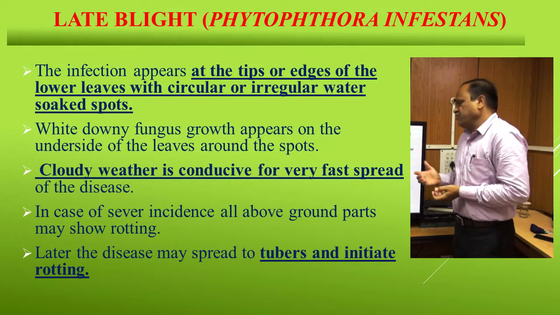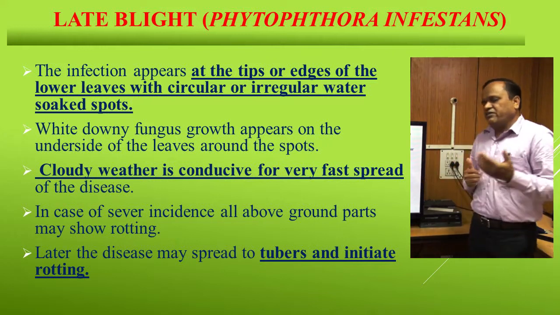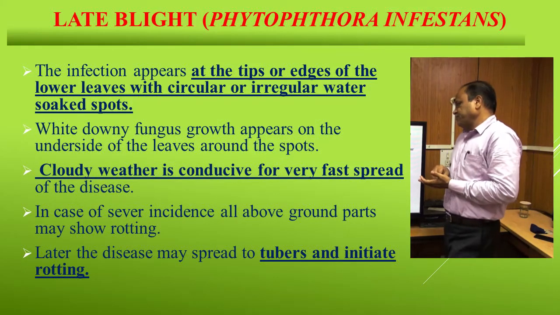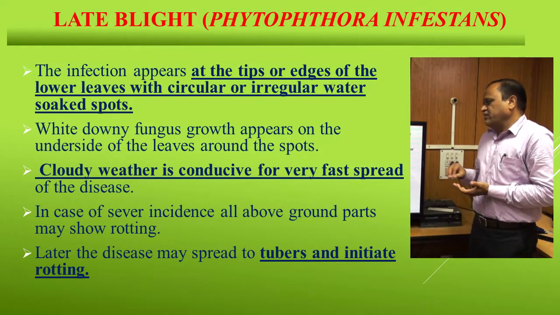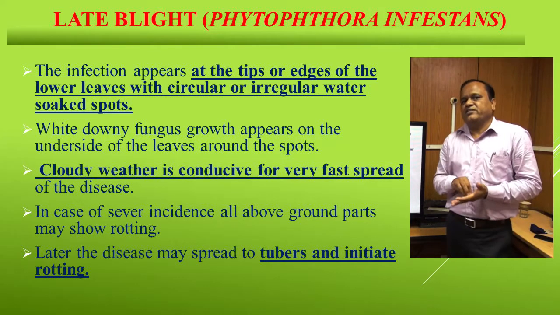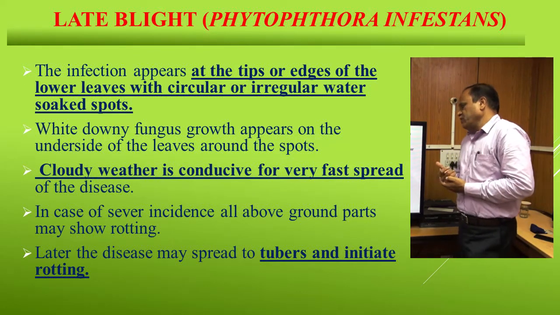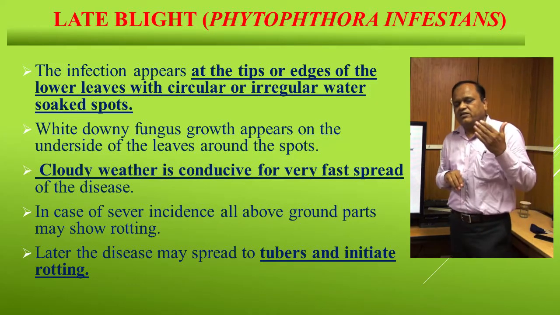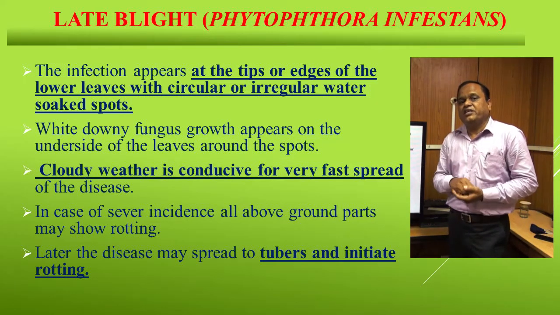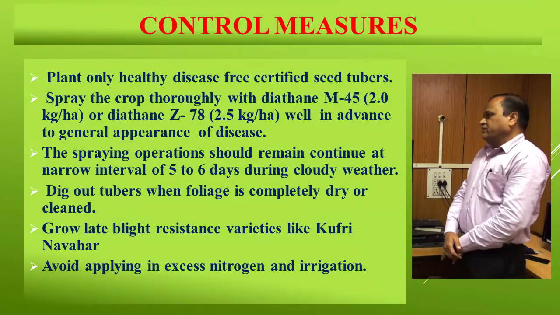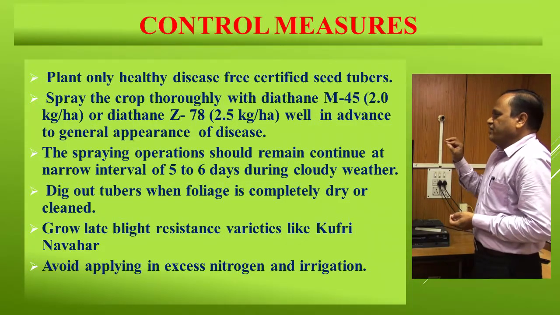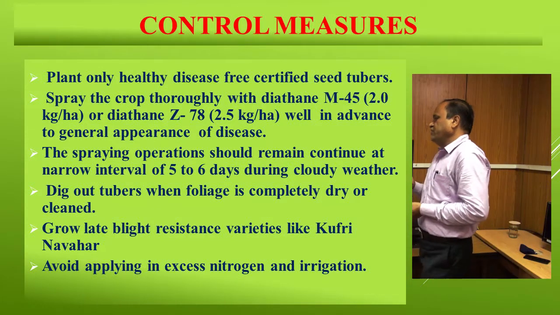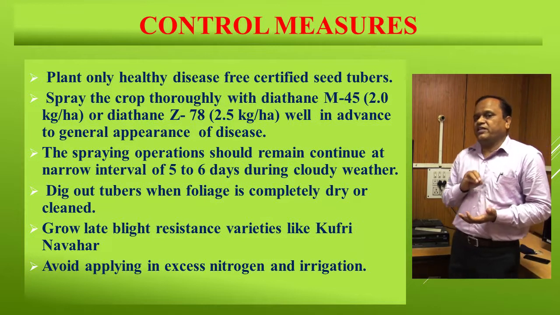In case of severe incidence, all above ground plant parts may start rotting, and later the disease may spread to the tuber and initiate rotting. So it affects not only the leaves of the plants, but also the tubers. Another control measure: plant only healthy, disease free, certified tubers.